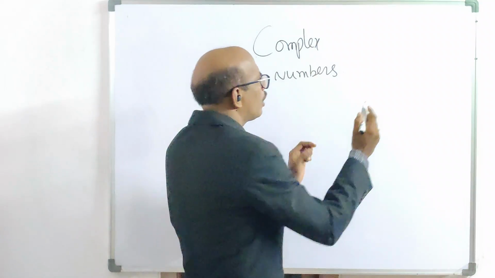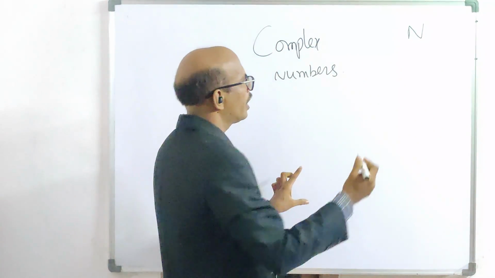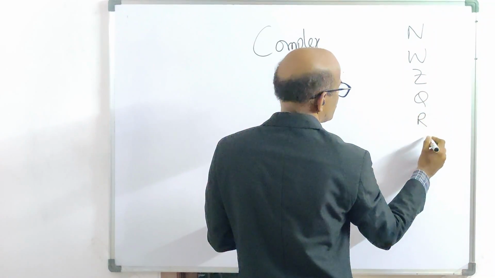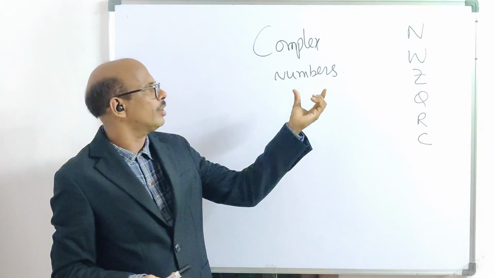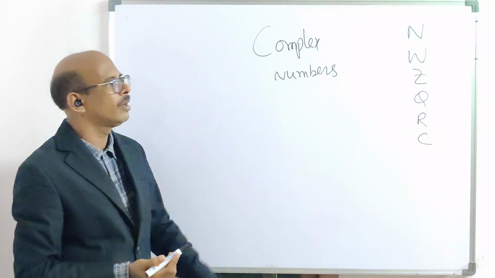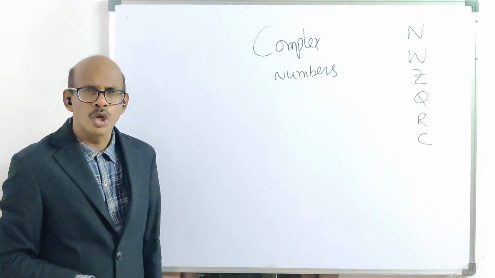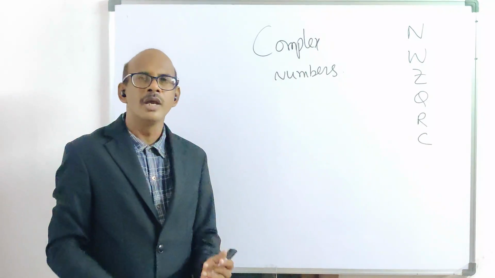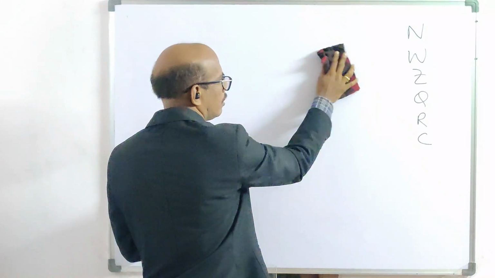You know very well, in lower classes, the number system: N, W, Z, Q, R, C. What is the notation of N? N is natural number, W is whole number, Z is integer, Q is rational number, R is real number, and C is our supreme number, the complex number.